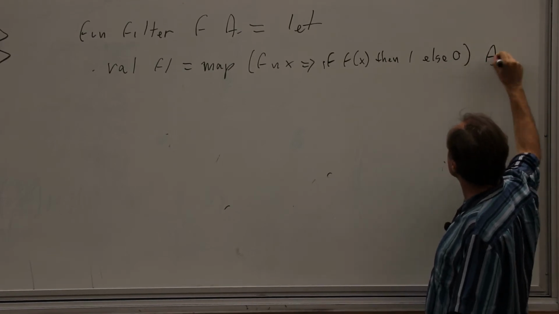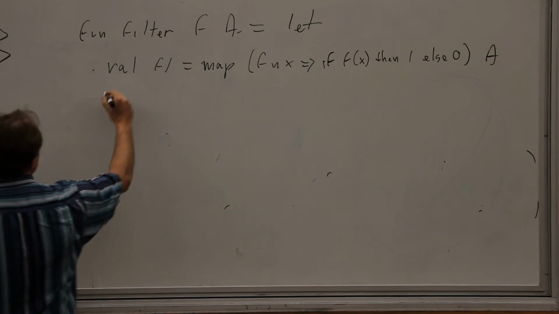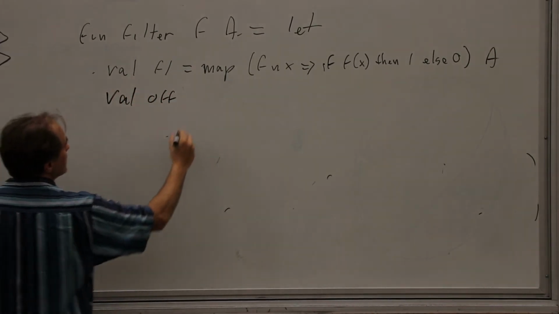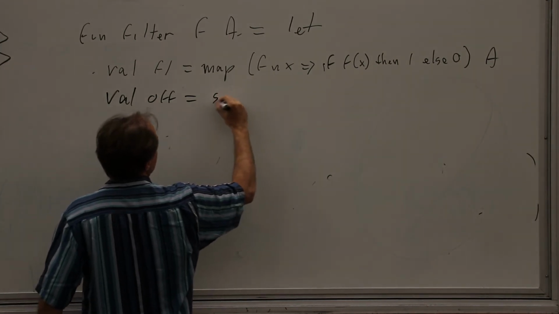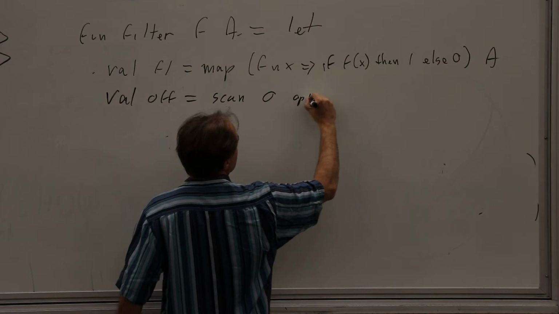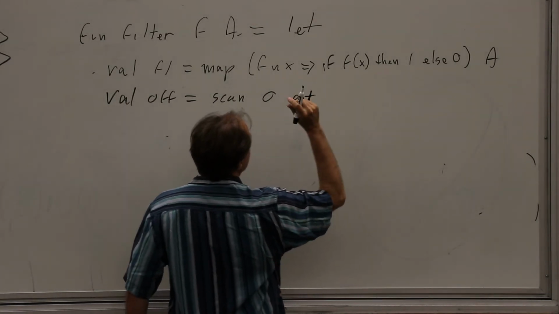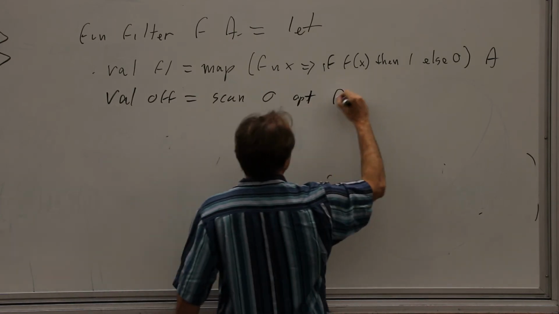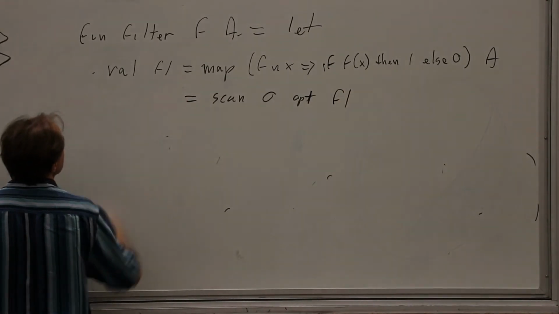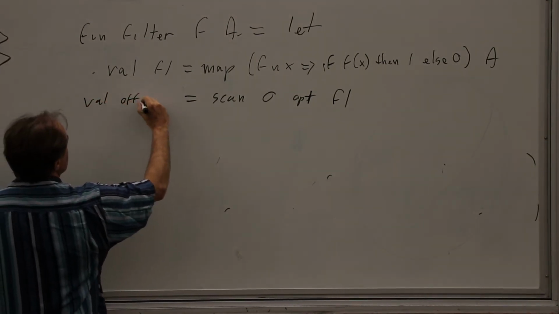And we map that over A. Then I do a scan on this. So maybe let's call this offsets. I do a scan starting at identity 0, op plus to mean the plus function, and I do it on my flags. And scan actually, if you remember, it returns 2 things. It returns the offset and the total. So it's off and total.